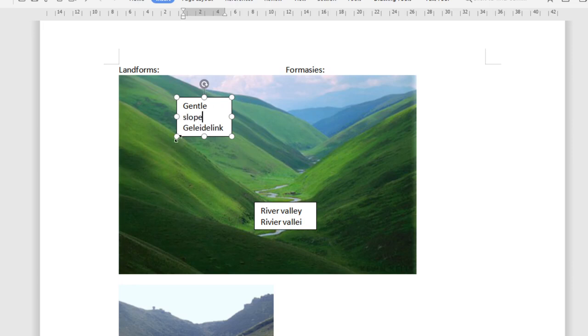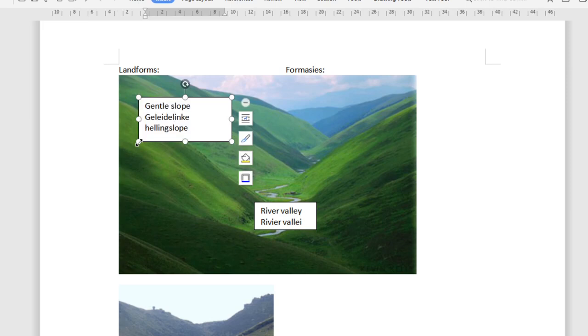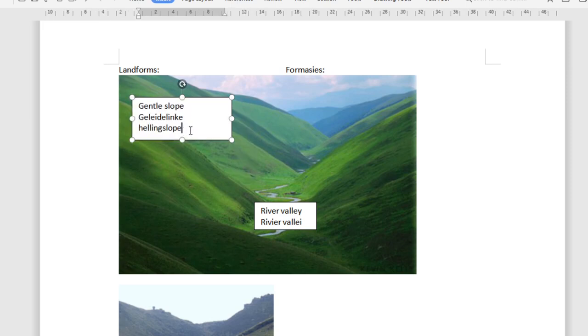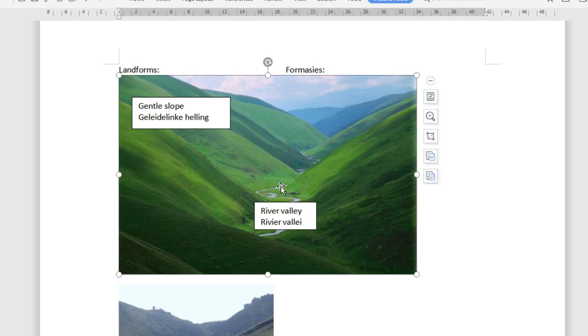Let me just make the box bigger, then you can actually see what I wrote. Okay, en dan hier, so hier is die riviervallei, the river valley, and this is the slope. But what do we call this thing in between? So there's a valley going there, but this part here is in between the valley. So what do we call that? Dit is 'n uitloper, a spur.